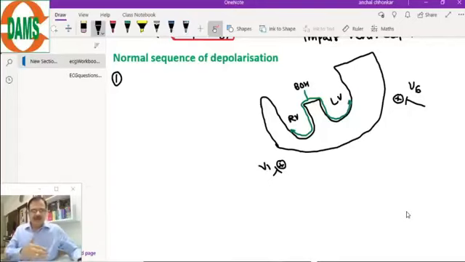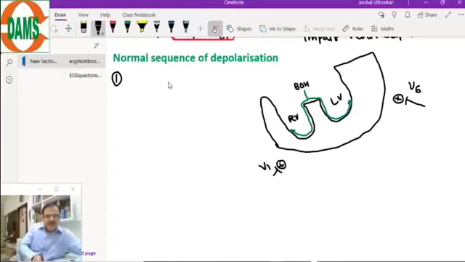So this is the diagram. V1 is here and V6 is in the mid axillary line. I am taking the extremes of lead placement, and we will see how the QRS complex will appear, starting with the normal sequence of depolarization.